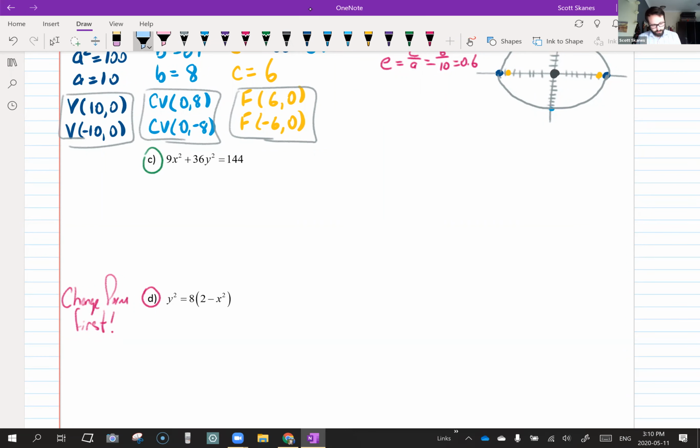There is clearly a problem with this. It should be 1. The right side for ellipses should always be 1. So divide everything by 144. That should give us x squared over 16. 36 divided by 144 gives 1 over 4. And that gives 1.